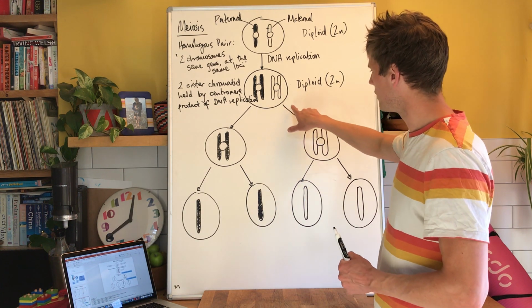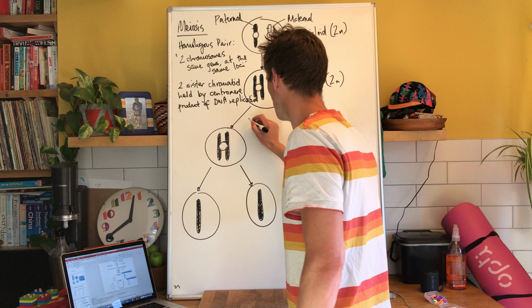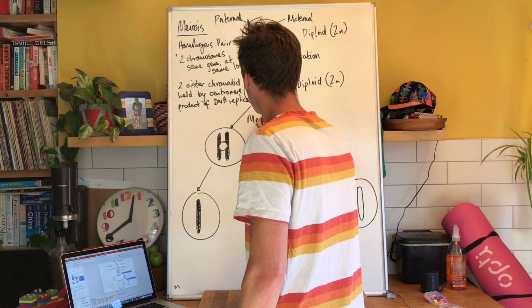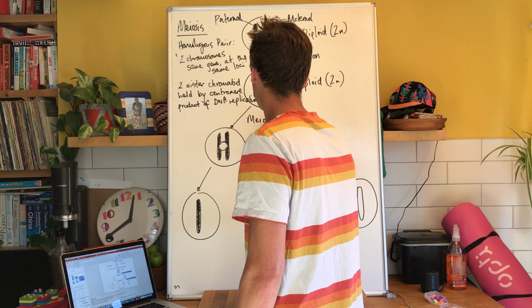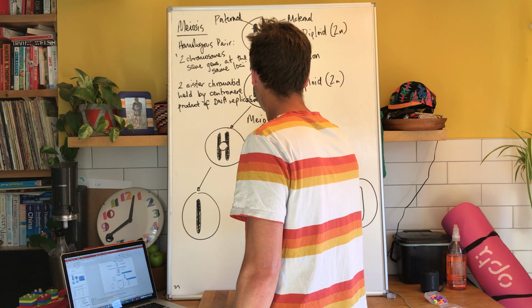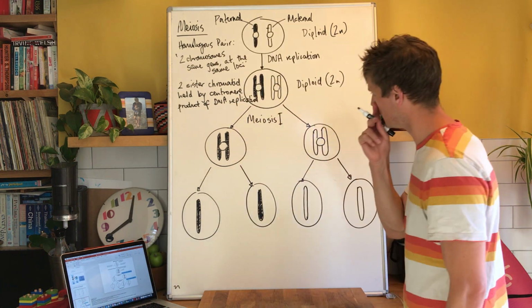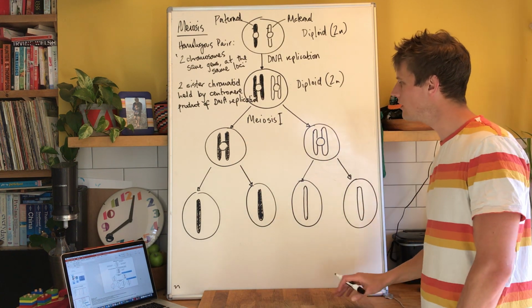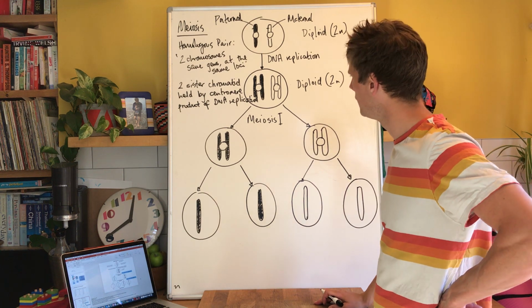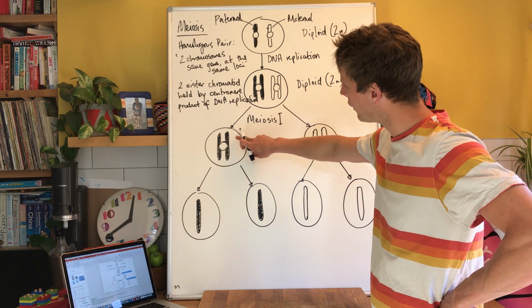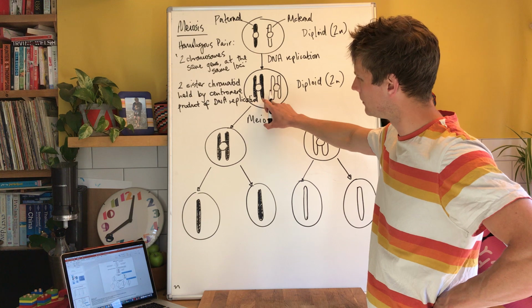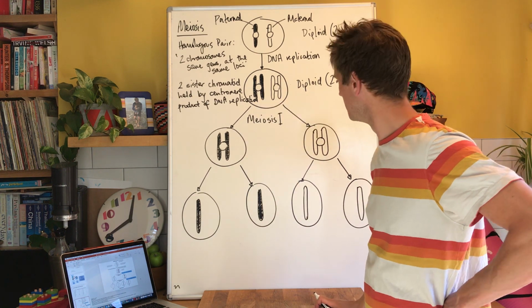Then we move into this first meiotic division, or you can call it meiosis 1. During that first meiotic division, we can see that the homologous chromosomes are separated.